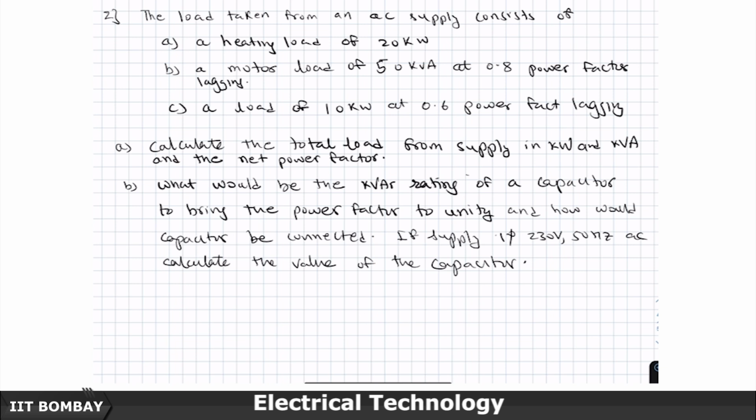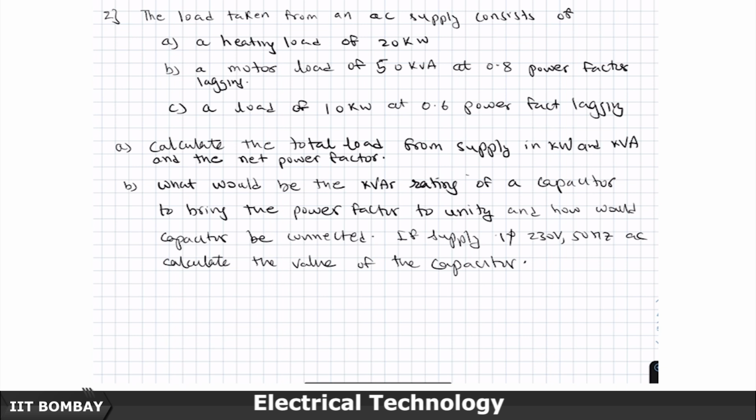A heating load is like a geyser, for example, or an incandescent bulb, or induction heating. So, usually that is taken to be unity power factor, and motors always have a lot of windings and iron inside of it. So, they create lagging load.